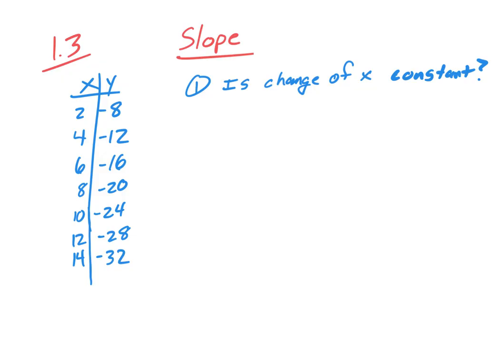If it's different, it's not linear. As I look at my change in x's, we're going up by the same amount all the way through, so we've got a constant change. So my first question would be yes.